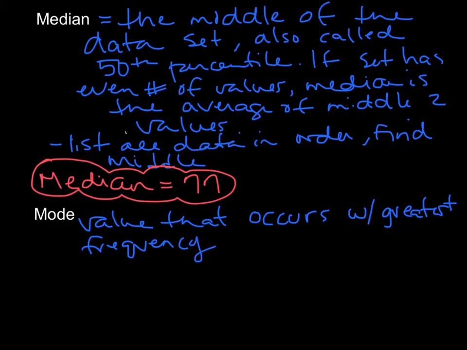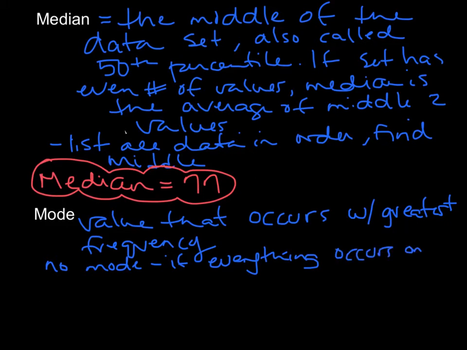There would be no mode if everything occurs only once, or all the same number of times. Let's say everything occurred twice or everything occurred 3 times. That would have no mode.